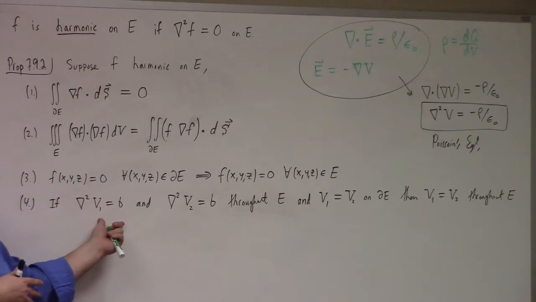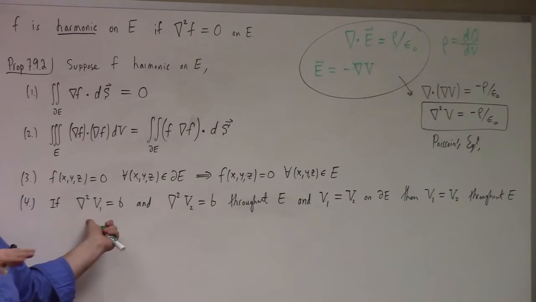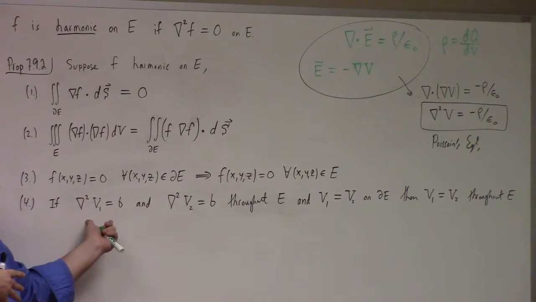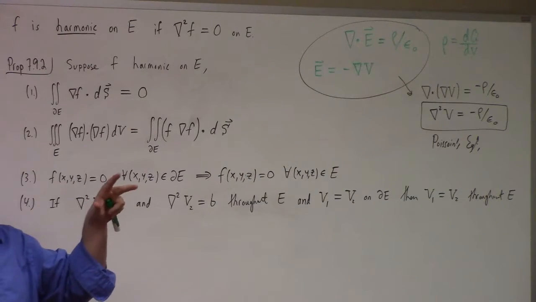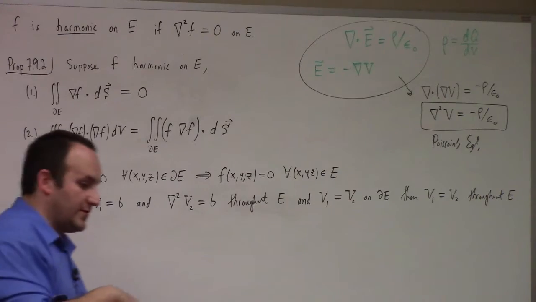So what number 4 says is that if you have two voltage functions which satisfy Poisson's equation, and if they match up on the boundary of the simple solid where you solve Poisson's equation, guess what? They're uniquely fixed to be the same throughout the whole thing. So if you're trying to find the voltage function, which is a solution to Poisson's equation, all you've got to do is match up the boundary condition on the edge, and that will uniquely fix the voltage function. That's the consequence of 4. That's why 4 is important.